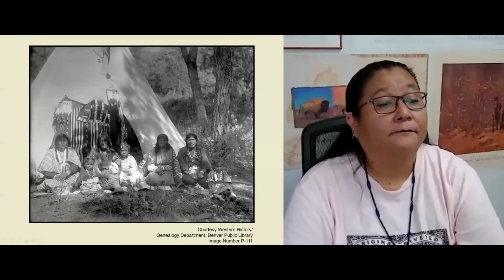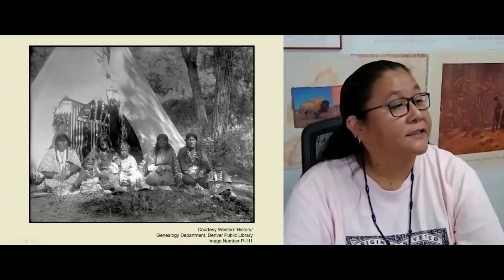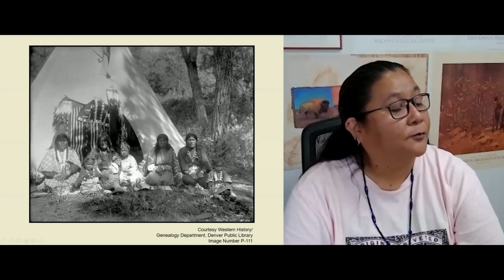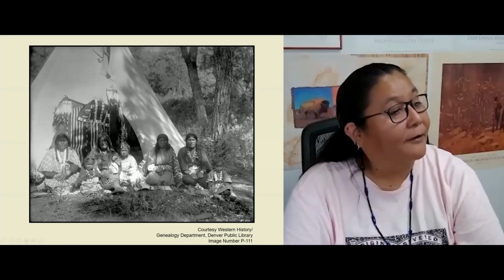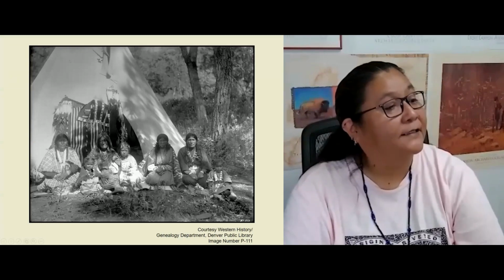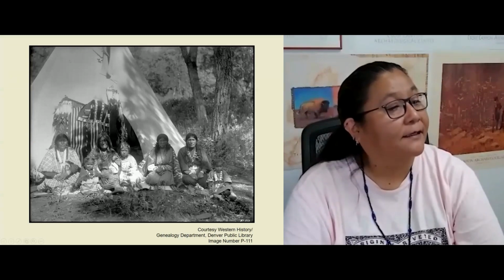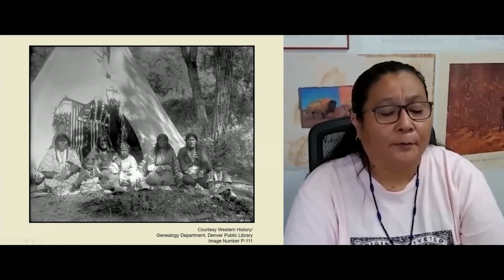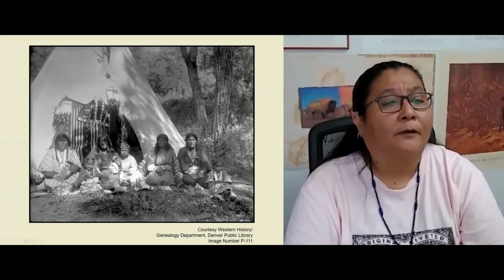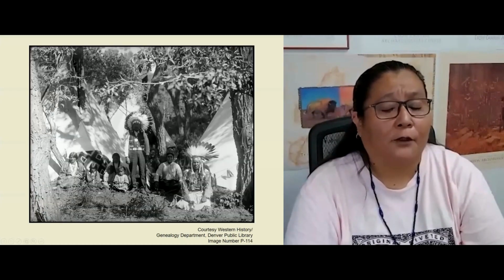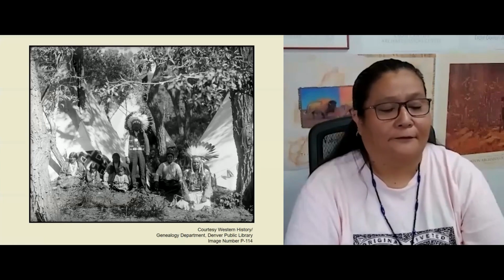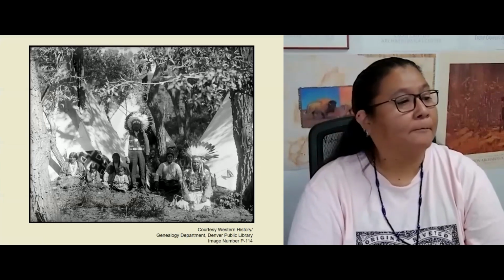Here's Chipeta right here. And we found this photo in the Southern Ute book. And this little girl, it said, was my grandmother. Because Chipeta was my grandmother's aunt, and she used to take care of my grandmother when my grandmother was a little girl. But as I was looking through the photos, that's not my grandma.